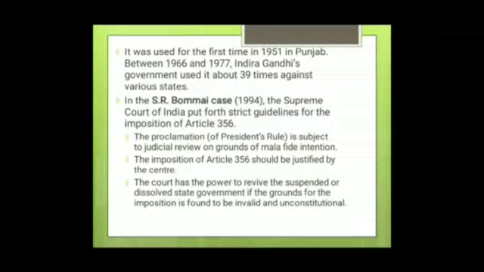So the proclamation of this rule was subject to judicial review on grounds of malafide intention. If there is a malafide intention, that's how it was so many times misused. To avoid that, the Supreme Court laid down these guidelines.